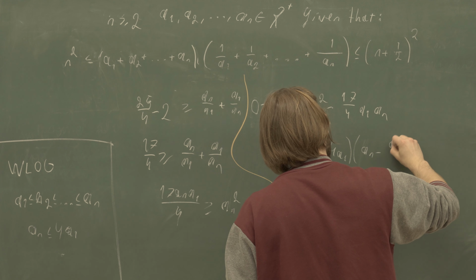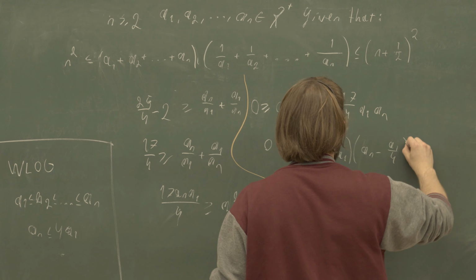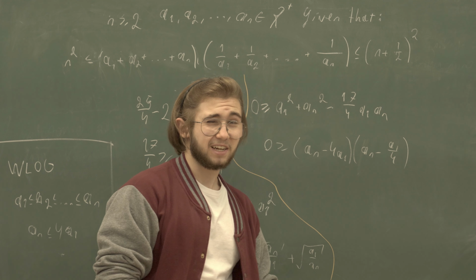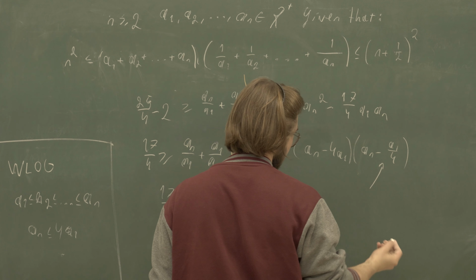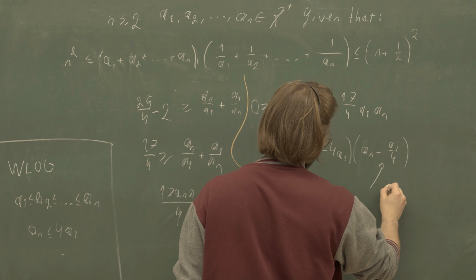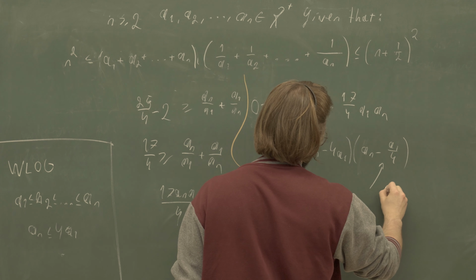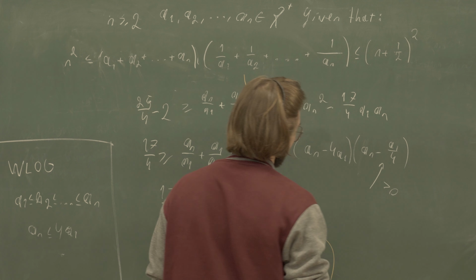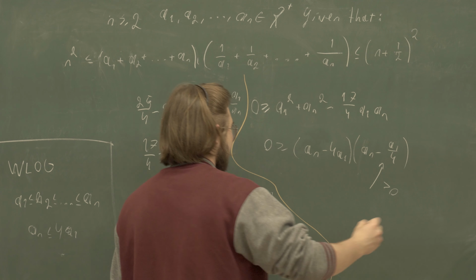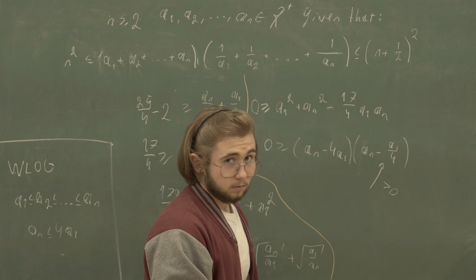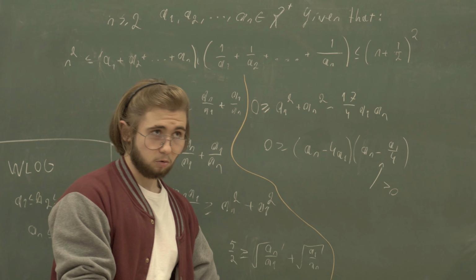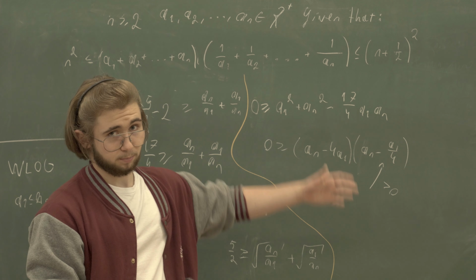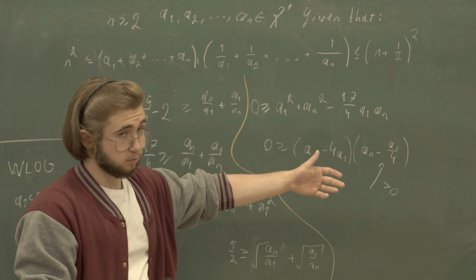an minus a1 over 4, which is a pretty nice thing, because this stuff right here is absolutely always greater than 0. That's because an is greater than or equal to a1, so this is greater than or equal to 3 over 4 times an, which is a positive real number, so it can't be 0, yeah?